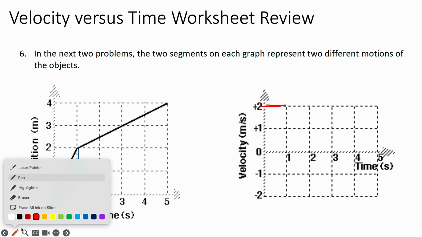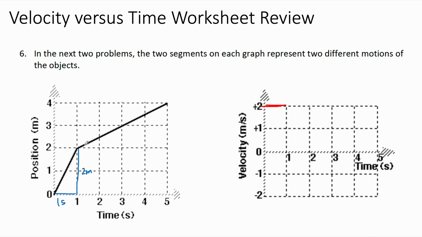Then our slope over here, and you could do the whole thing. It's all one of these. And if you look at it, during this time here, between 2 and 5 seconds, I go up 2 meters in a total time of 1, 2, 3, in 4 seconds.